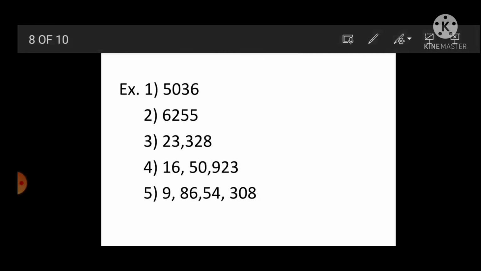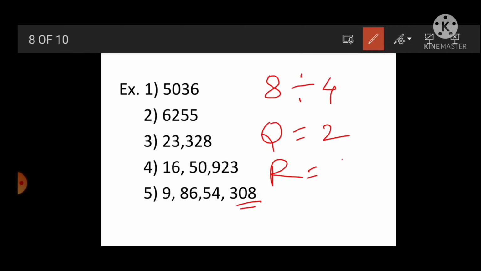Okay. See the fifth example. See how big the number is here: 9,86,54,308. Then see the last two digits, 0 and 8, and the number formed is only 8. Then 8 divided by 4: 4 twos are 8, the quotient will be 2 and the remainder will be 0.